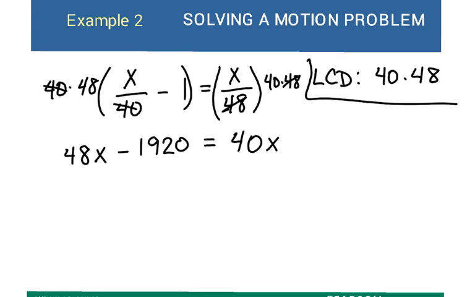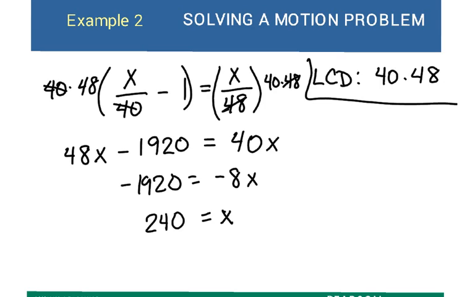Now I'm going to subtract the 48x from both sides to get negative 8x. Now divide both sides by that negative 8, and we get x is equal to 240.